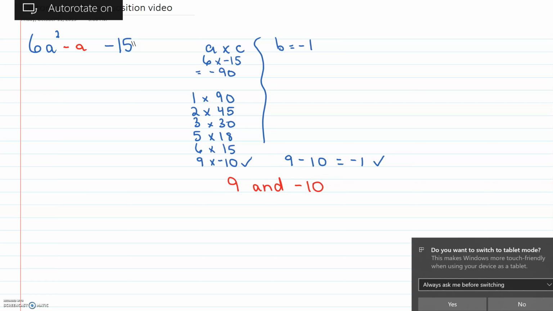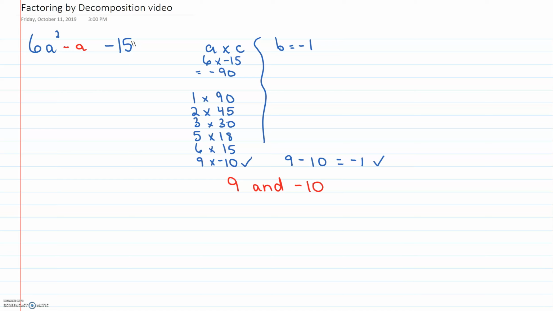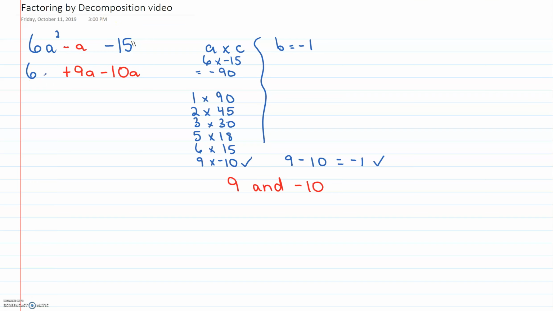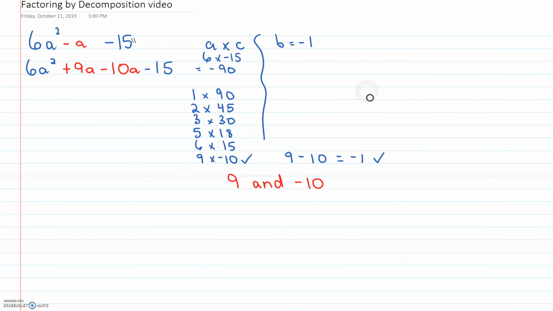So it's just a different way of writing negative 1a. I'm going to write plus 9a and negative 10a. But you don't want to forget to rewrite your 6a squared and your minus 15 at the end. So all I did was decompose the middle term, negative 1a, into two numbers by using the ACB method.